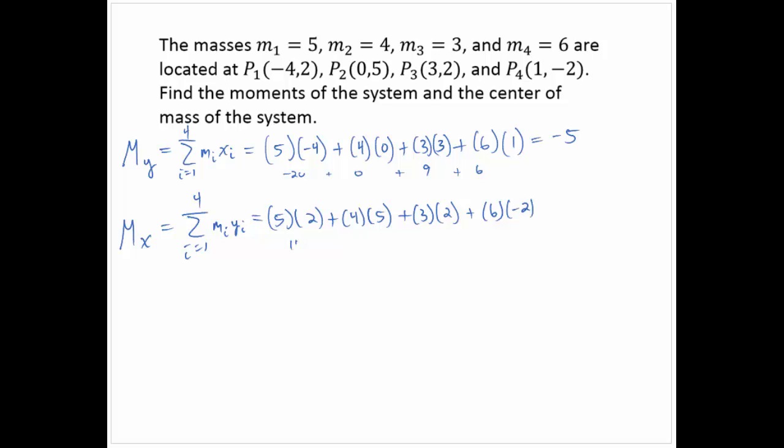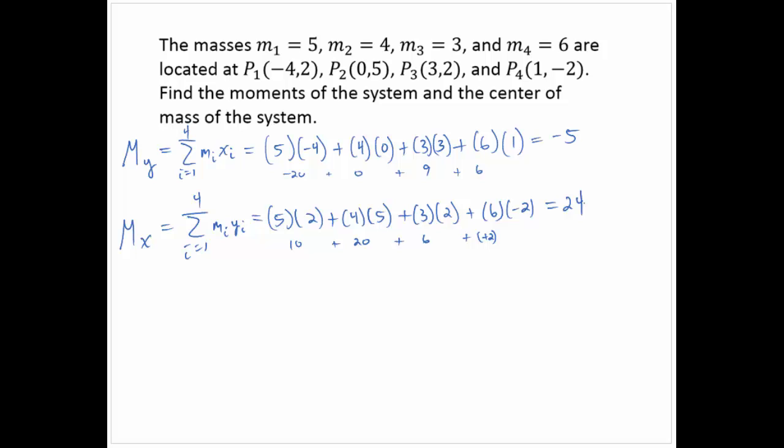So that's 10 plus 20, that's 30, plus 6 is 36, plus -12, which is 24. Now what that means is if m sub x, the moment about the x-axis, is 24, that means if we were to think of the x-axis as being held steady, there's too much weight above the x-axis and it would rotate in that direction.